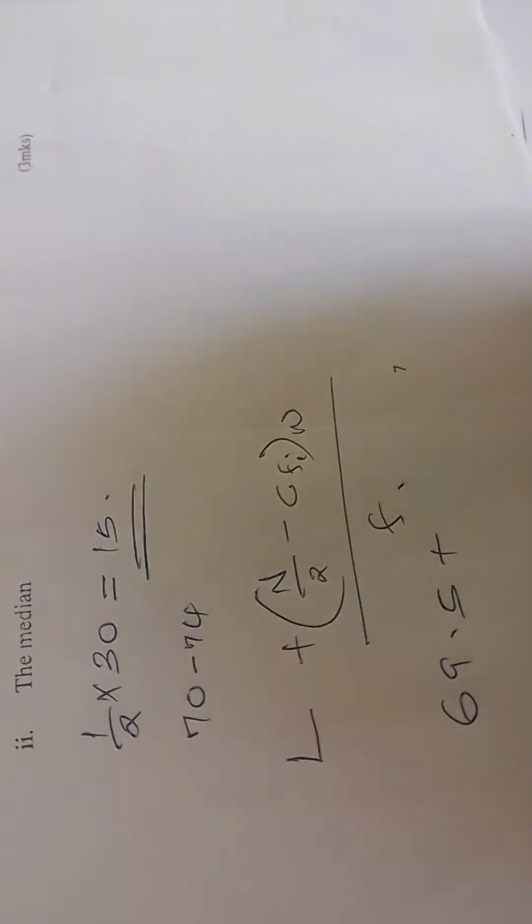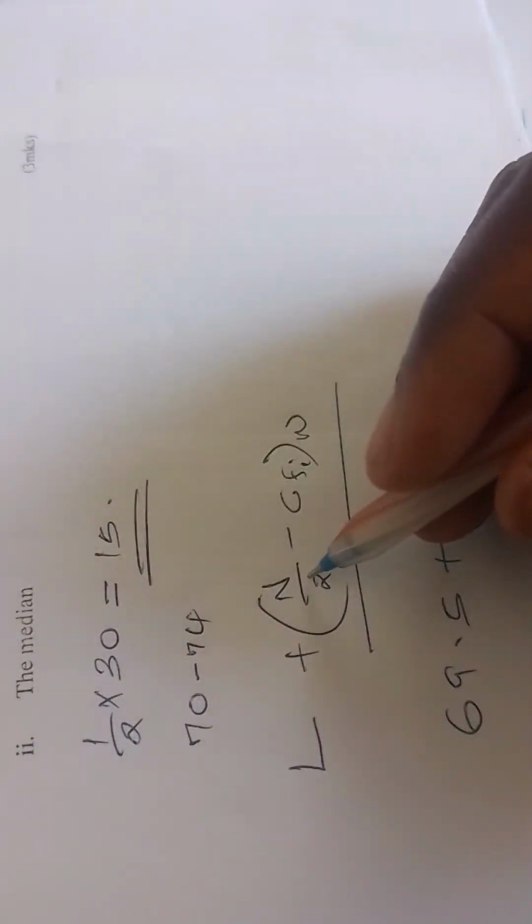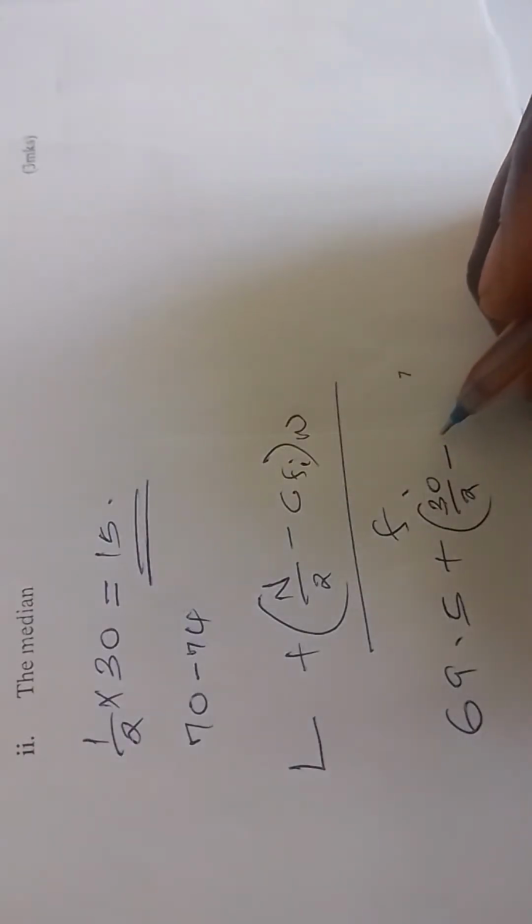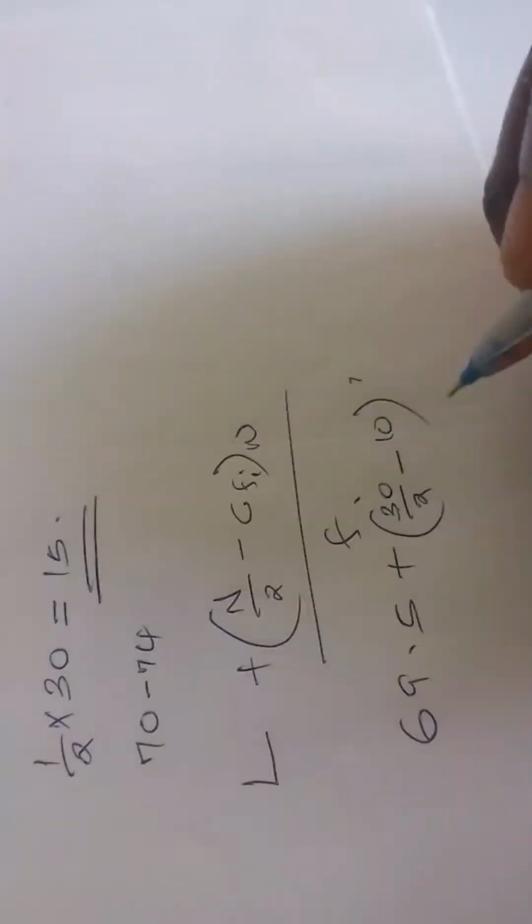So this one will be 69.5 plus N, the total frequency, that is 30 over 2, then minus the cumulative frequency above the class. Above is 10.